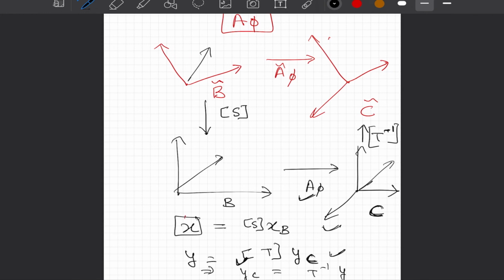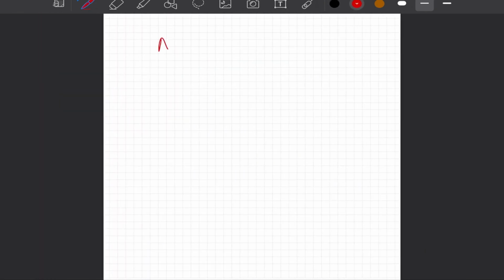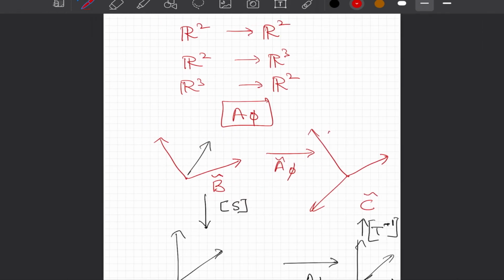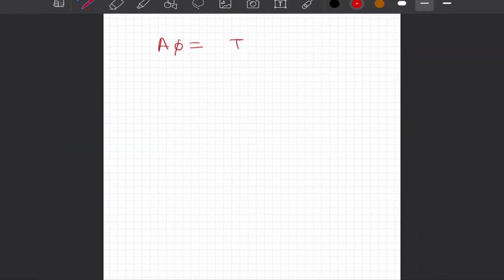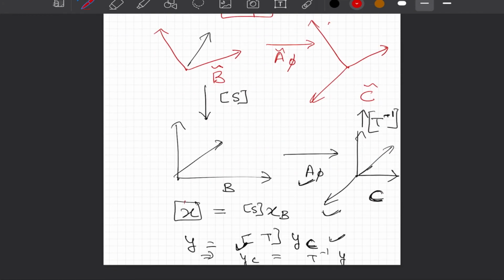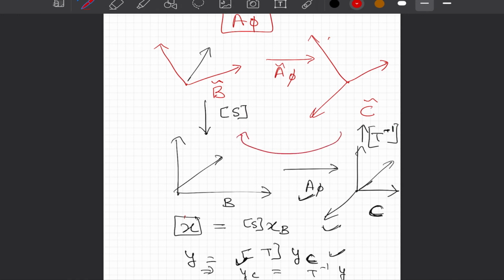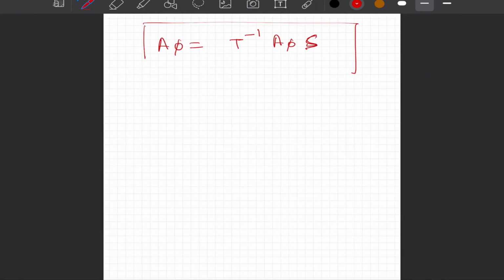And hence, looking again at this loop, we can write this relationship without going into derivation as A tilde phi equals T inverse A phi times S. Again, going from here to here, so T inverse A phi S. Now, whenever it is possible to identify the relationship A tilde equals T inverse A phi S, we say that these matrices are similar matrices.